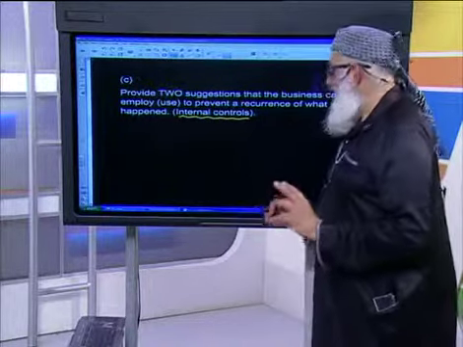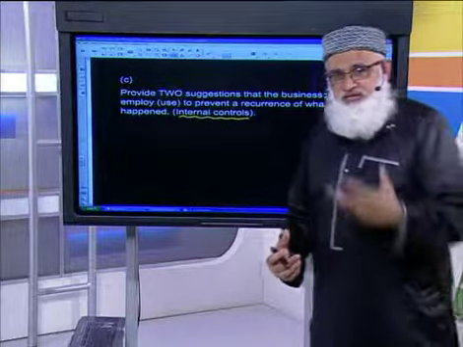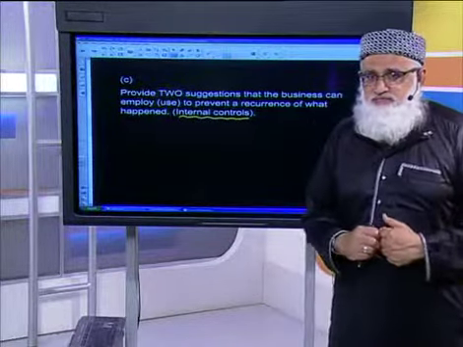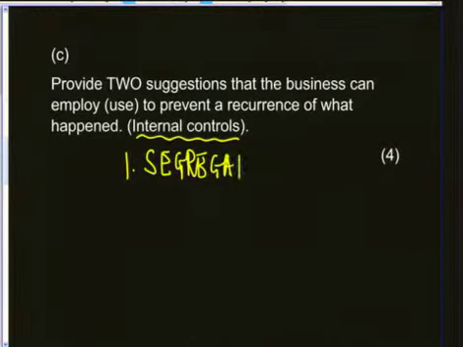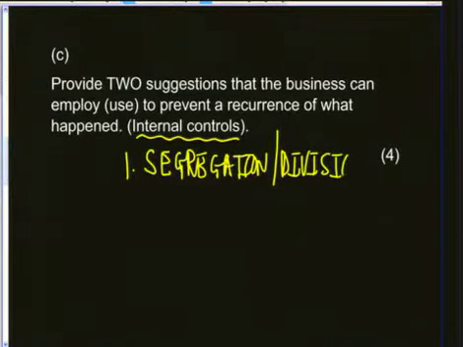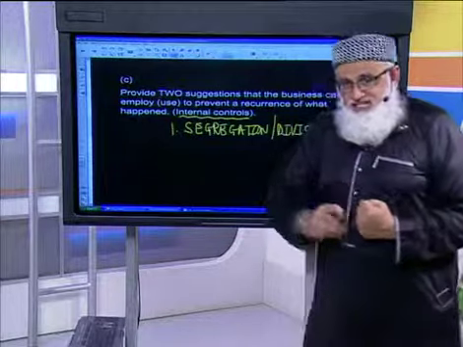Now, how could we have prevented the cashier from embezzling funds from us? Number one, we can talk about segregation or the division of duties. Allow me to explain. When we say segregation of duties, we are saying that the person who is receiving the money should not be the same person that is depositing the money.